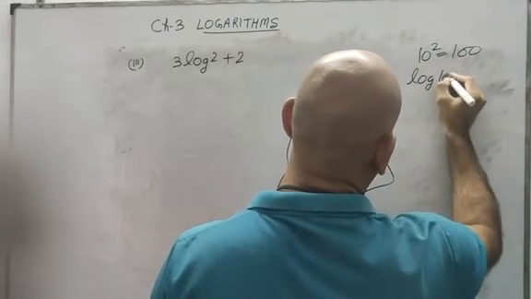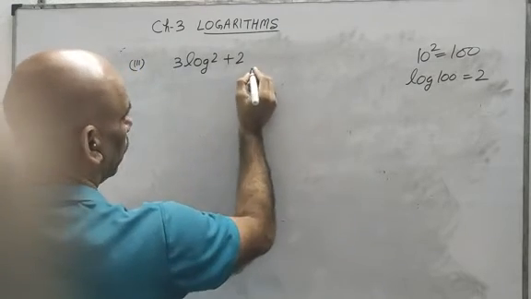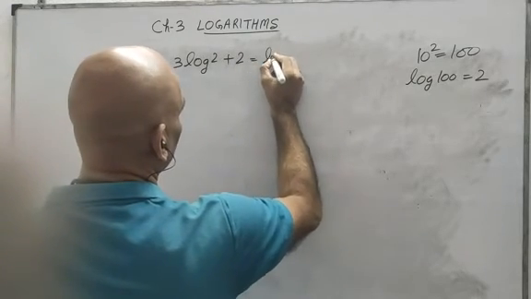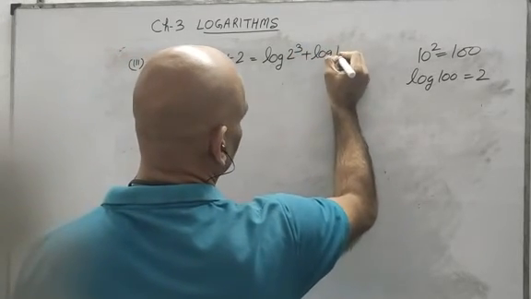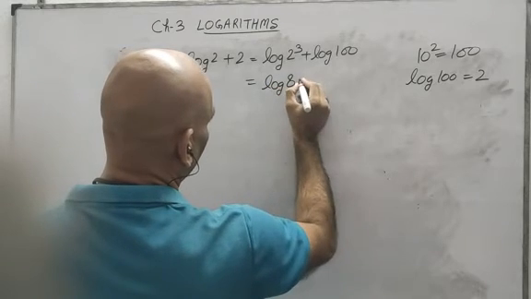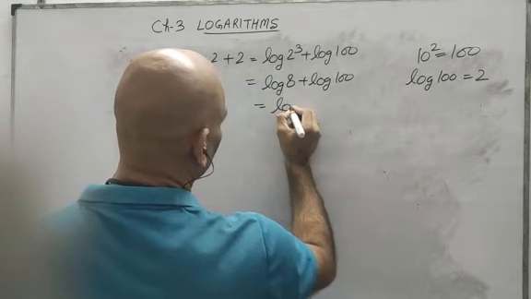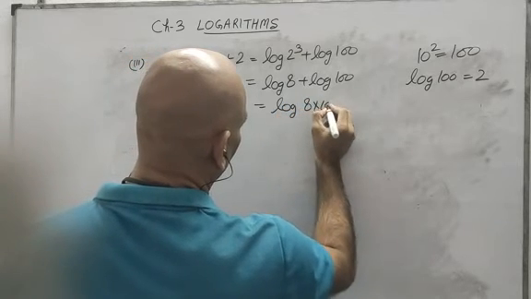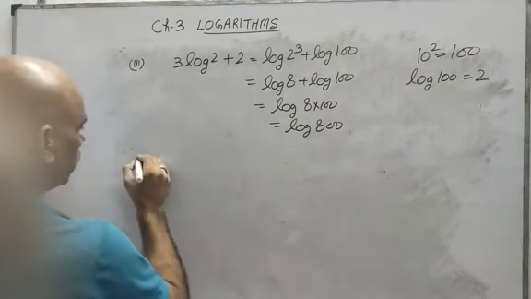So log 100 is equal to 2. In place of 2 I am going to write log 100. So log 2 to the power 3 plus log 100, that is log 8 plus log 100, that is log 8 into 100, log 800. I hope it is clear to you.